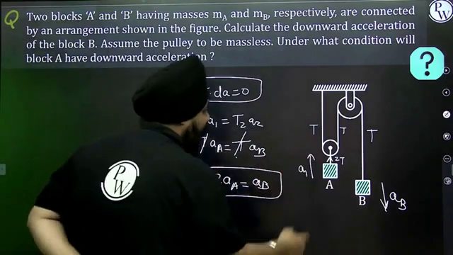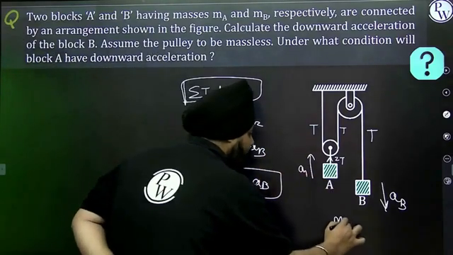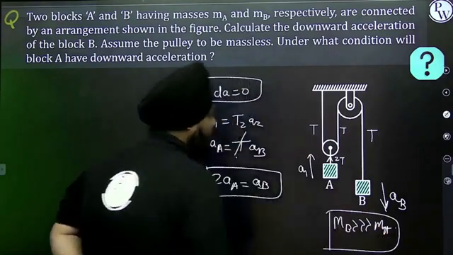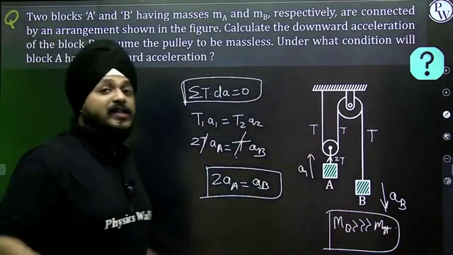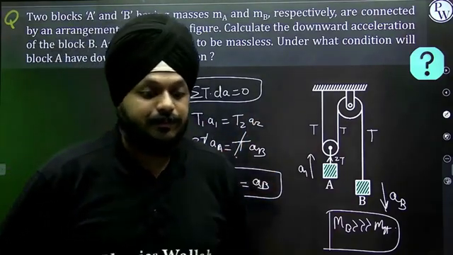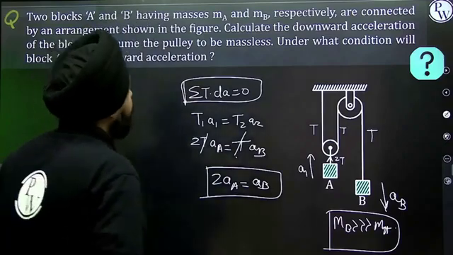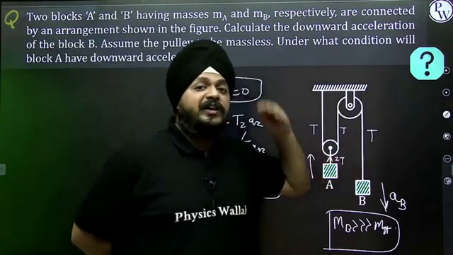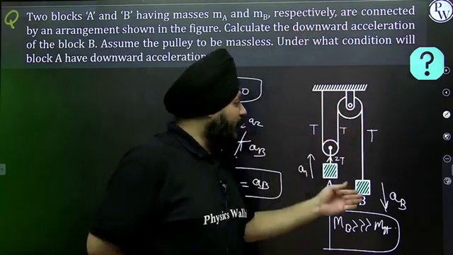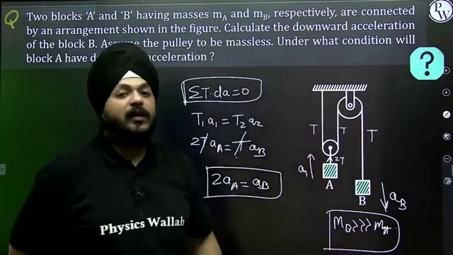Now why is this happening? Because the mass of B is greater than the mass of A. Generally A has to move downward, but there is a possibility that the mass of B is greater than A. That's why it is pulling the entire system in this direction.